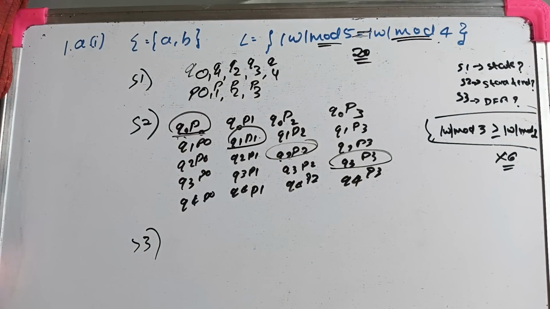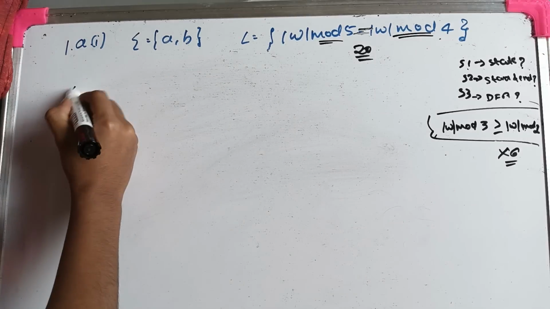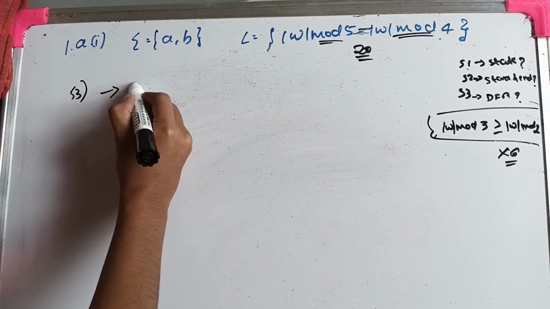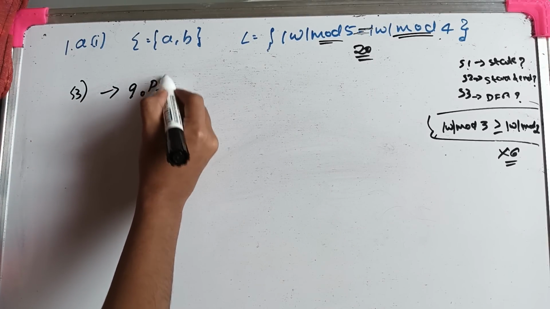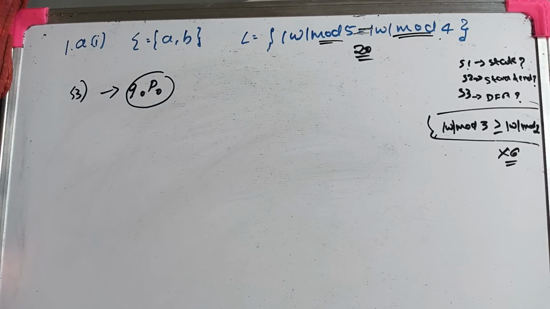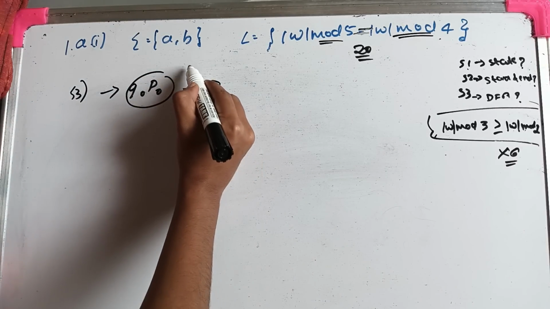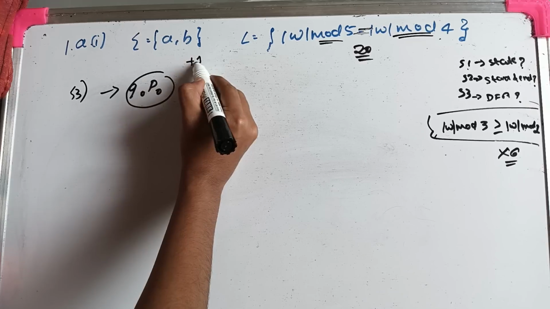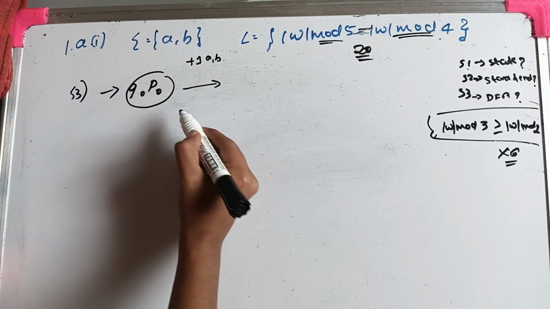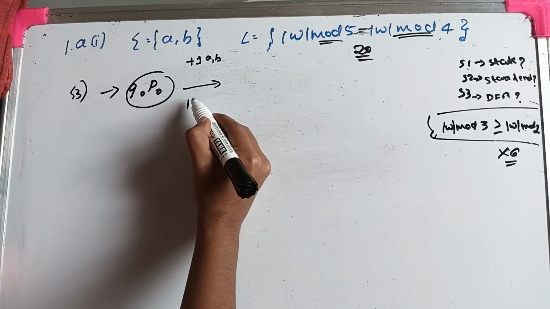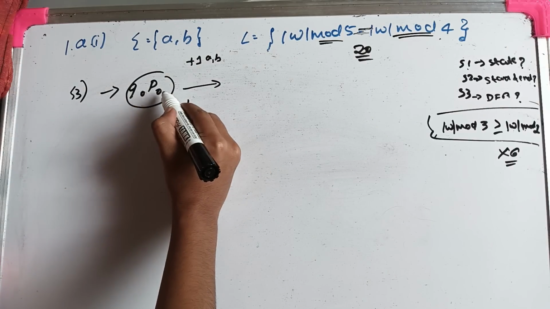I will erase this. In step 3, the first starting state is Q0, P0. From there, we need to add one A or B. Adding one A or B. To do that, here this is Q0, P0, right?